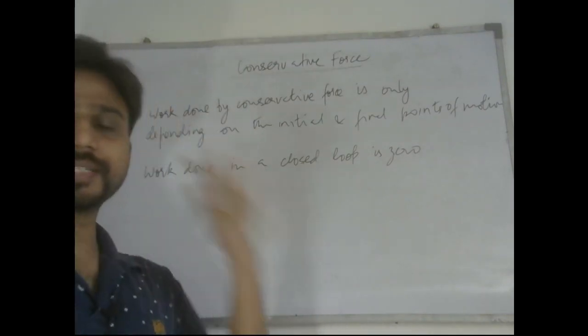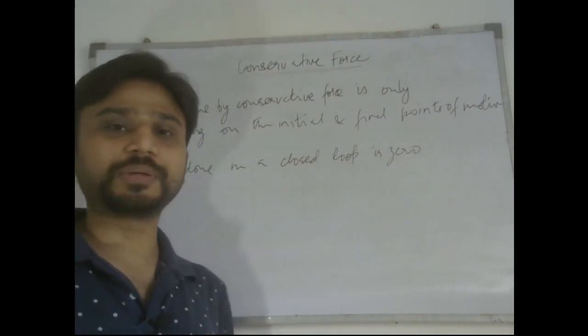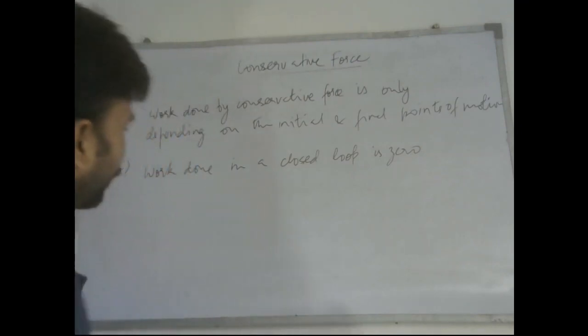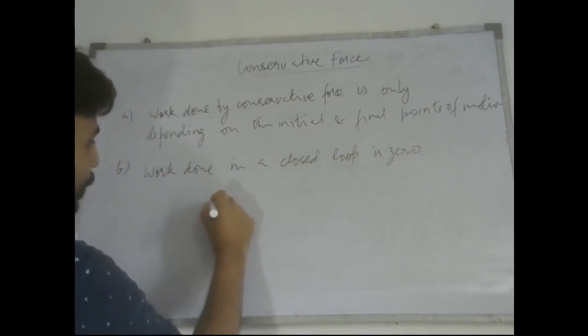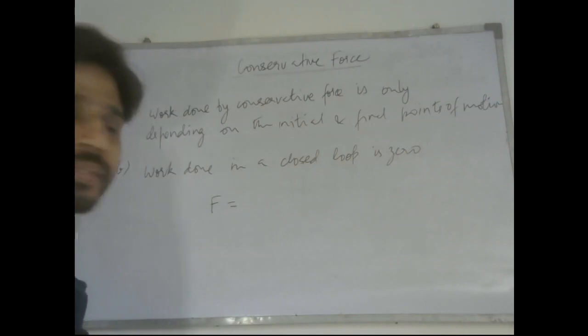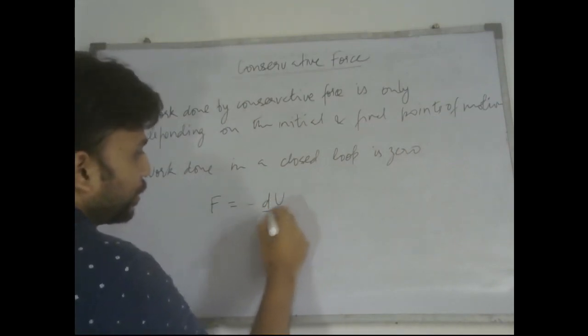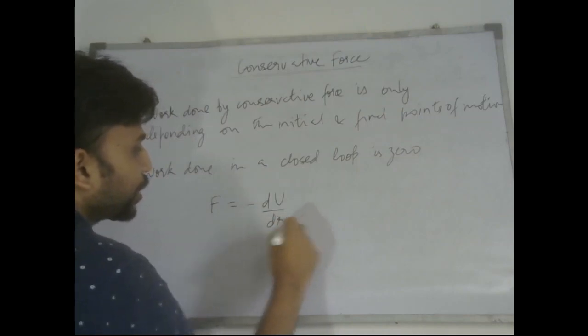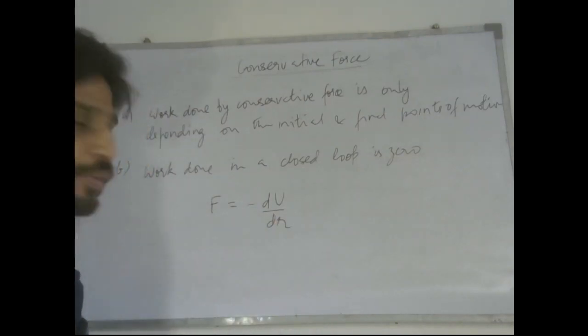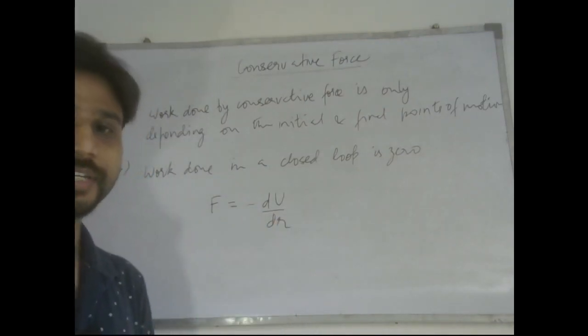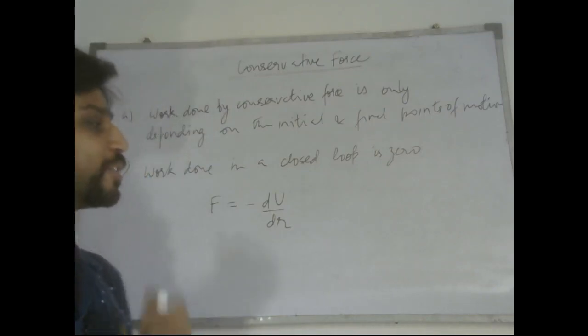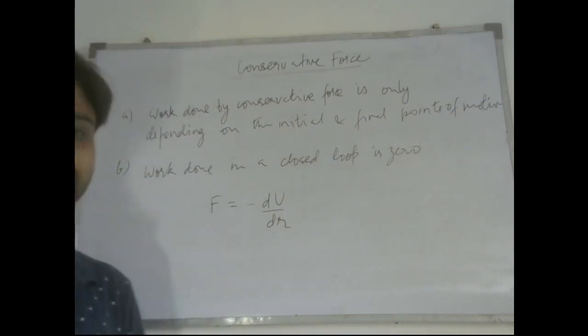In conservative force, we need to learn one formula which we already saw a hint of. A conservative force can be written as the differentiation of potential energy with respect to the position. So minus dU by dr gives the expression for a conservative force.